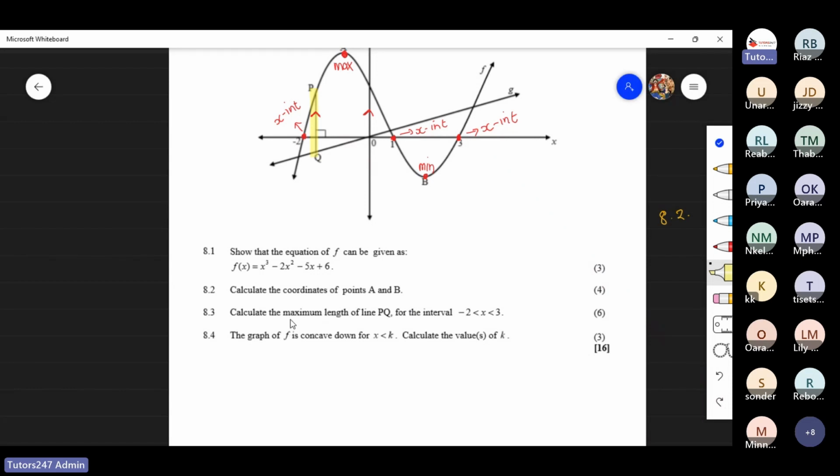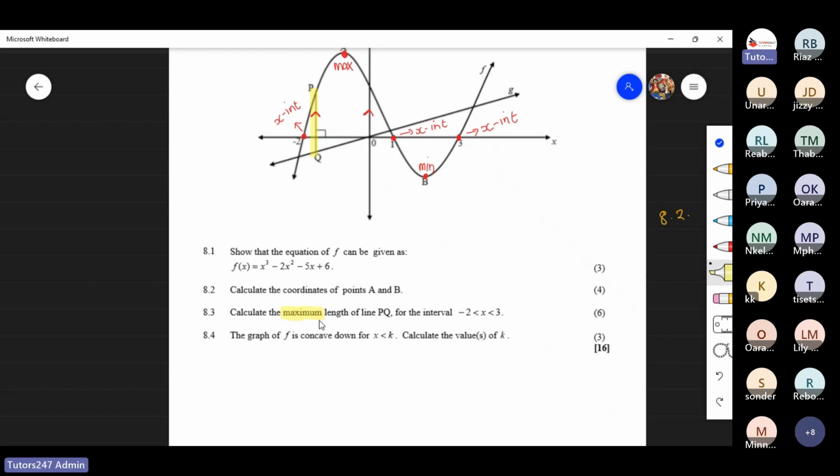Now, what is important about this question is this word over here, maximum. Now, what does maximum mean? What do we refer to as a maximum? Is it not one of our stationary points or the highest stationary point? So when the question states calculate the maximum of something, all you are doing is calculating the turning point, the highest turning point of that particular line or function or curve or whatever it is.